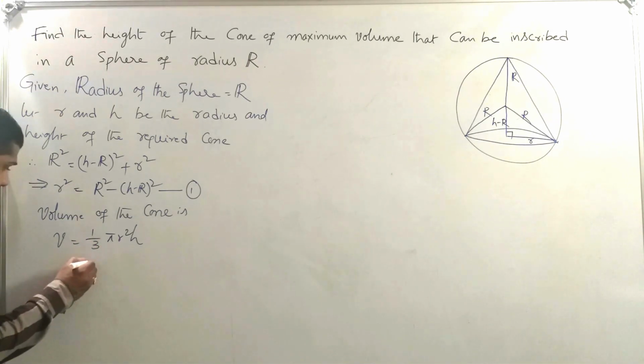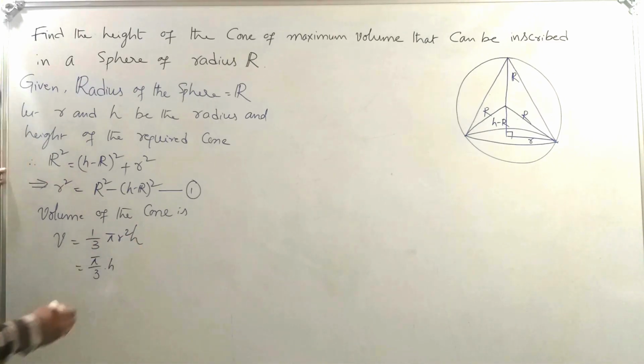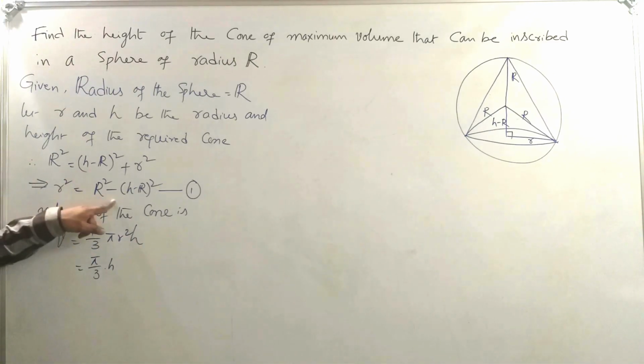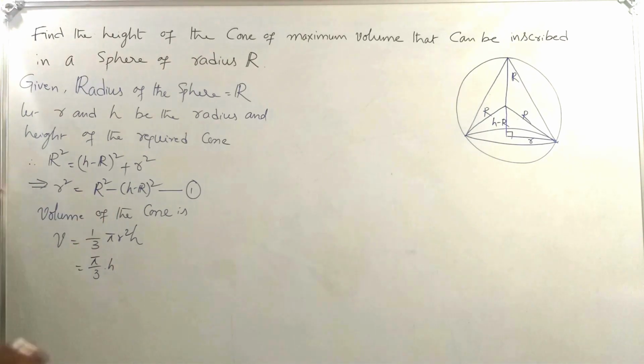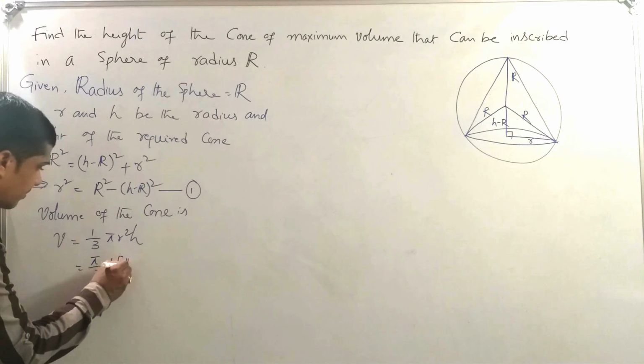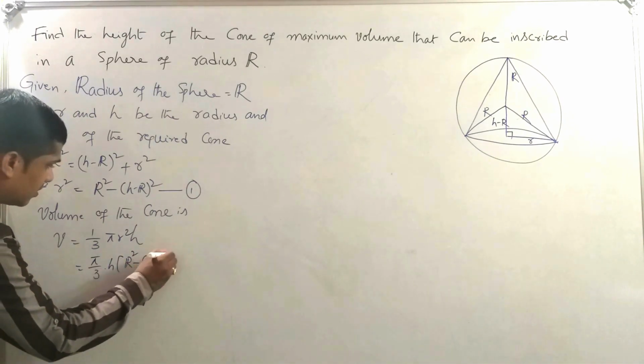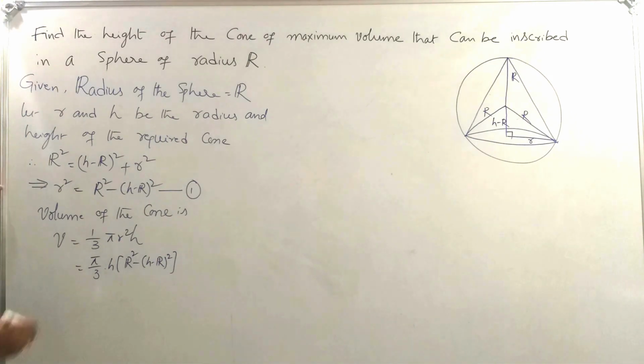So let me write this as pi by 3 into r square into h. But the r square value is already calculated here, so let me replace it: small r square is equal to capital R square minus (h minus capital R) whole square. Now this is the value of V, the volume of the cone.